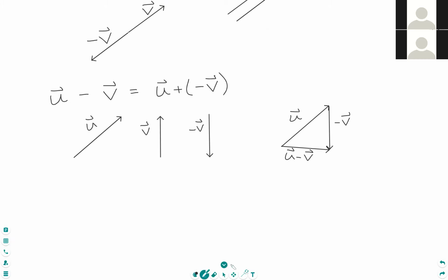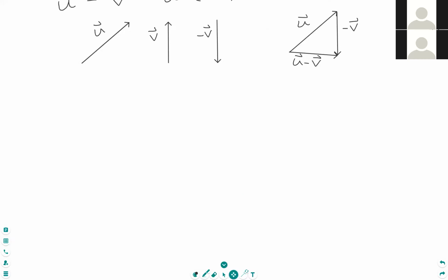Okay, so let's continue. Let's go to a new page. Now let's talk about components. Sometimes it's convenient to write vectors not as this graphical representation, but as descriptively as possible, meaning we're going to talk about how much it goes in the x direction, how much it goes in the y direction, and so on.